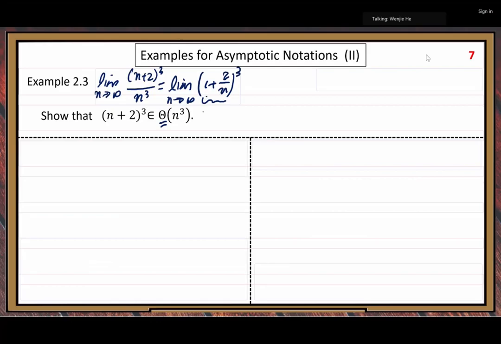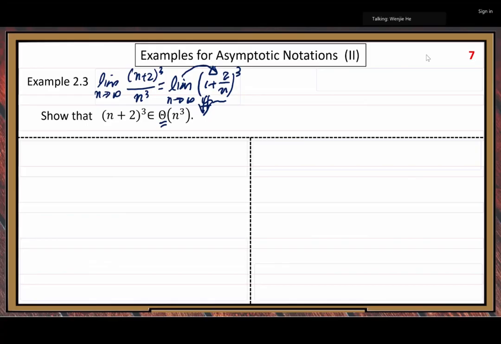Then, when we work on this form, it's much easier. Because of that cube, we can take the limit directly inside the parenthesis. That is one of the properties of limits. If you consider the limit inside the parenthesis, one constant part is still the same constant, 1.